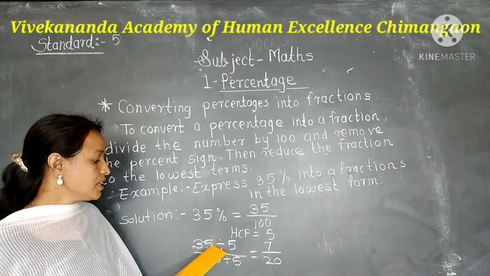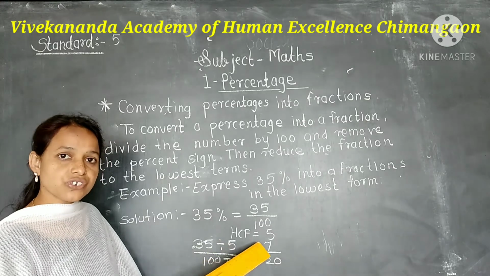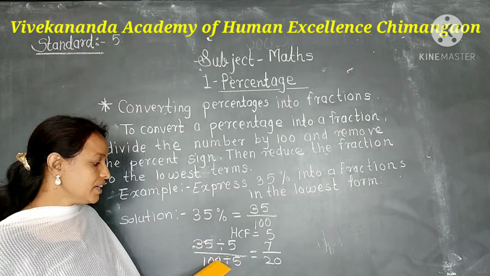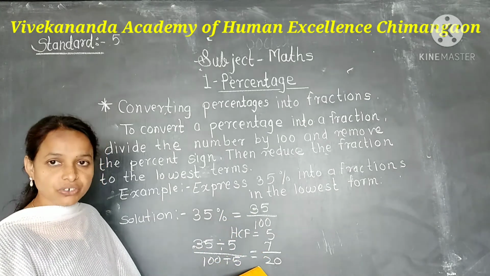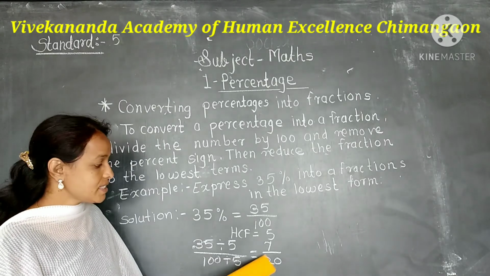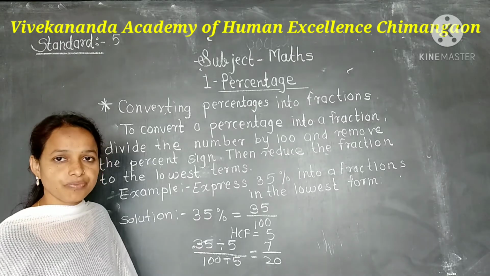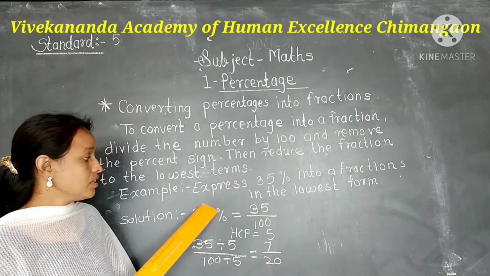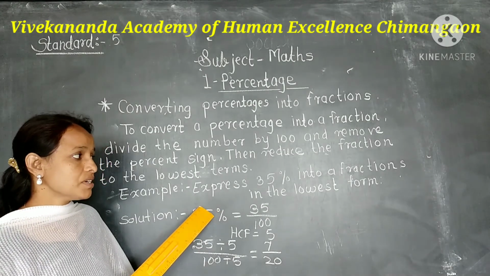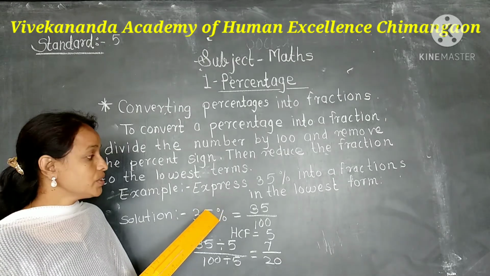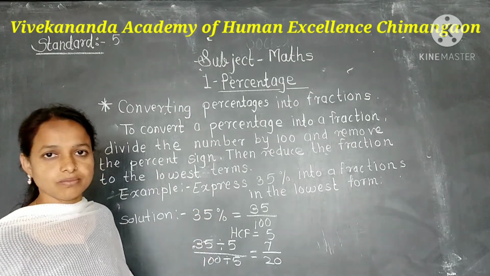By dividing 35 by 5, we get quotient 7, and by dividing 100 by 5, we get quotient 20. So here we get answer 7/20, which is in the lowest form. In this way, here we express percentage into fraction in its lowest form.